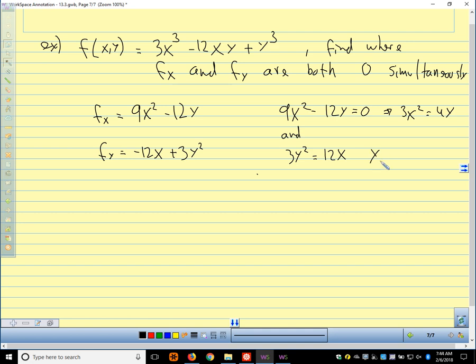So x equals y squared over 4. Now I'm going to substitute this in for x. So I get 3 times y to the 4th over 16 equals 4y. So 3y to the 4th equals 64y.